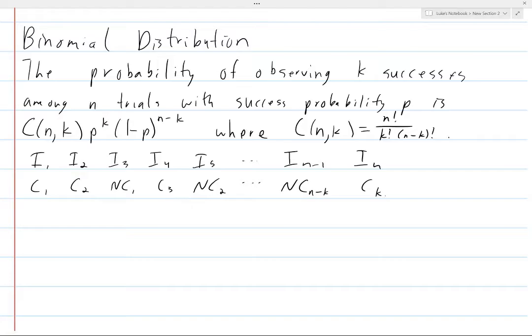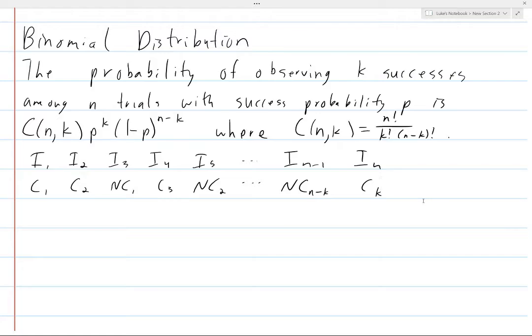If we think about how many different ways we can mix around these C's and NC's so that we get different ways of assigning items I1 through In to being chosen versus not chosen, then if each of these labels is distinct, each C1 through Ck and each NC1 through NC n minus k, there are n factorial ways of arranging these.